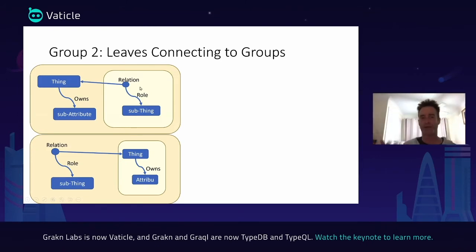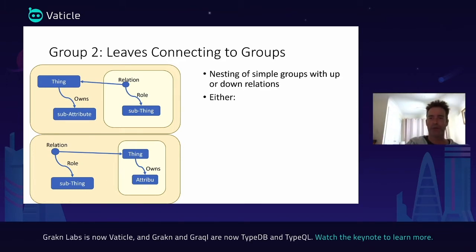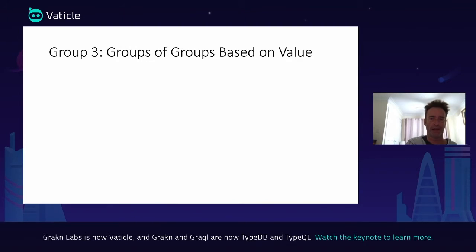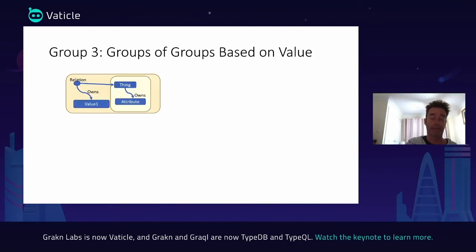So when I want to get into groups of groups, there are two essentially equivalent situations, and it's really about the direction of the edge that joins the things. But the concept is I've got a main leaf with sub leaves, and that also owns a sub pattern. So that would be group type 2. And again, this is an extremely common type of group inside Kraken, TypeDB.